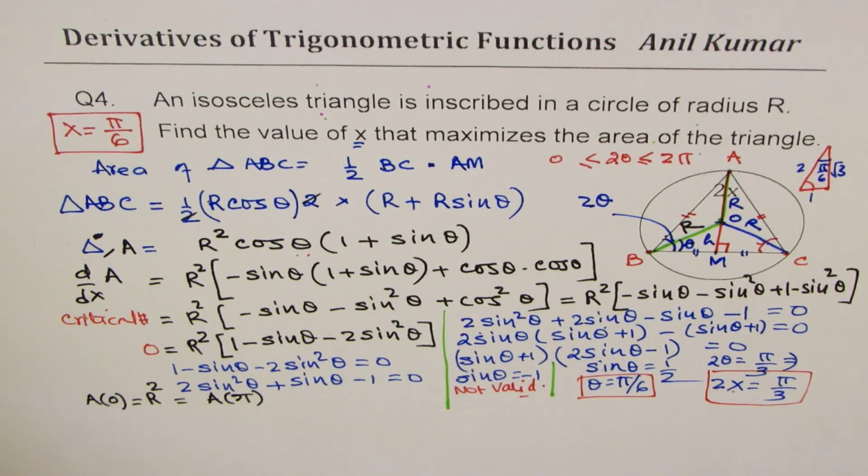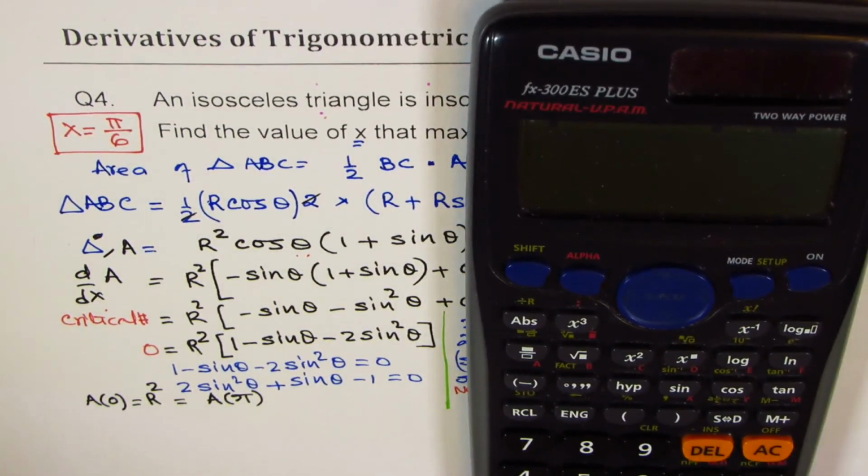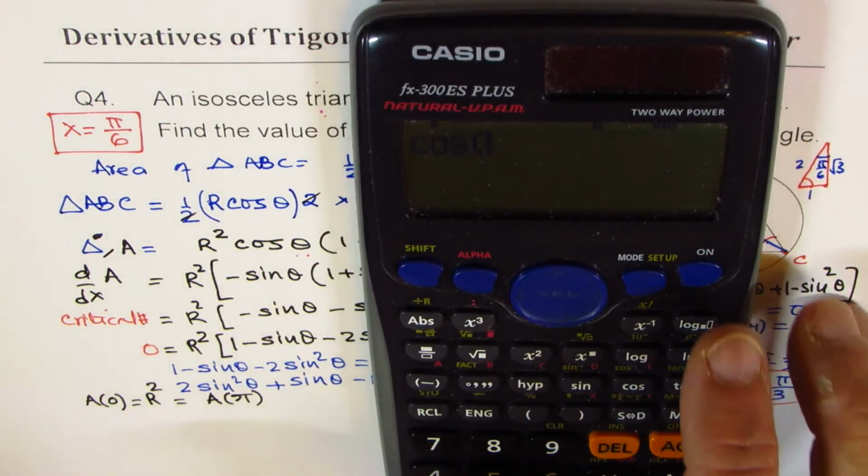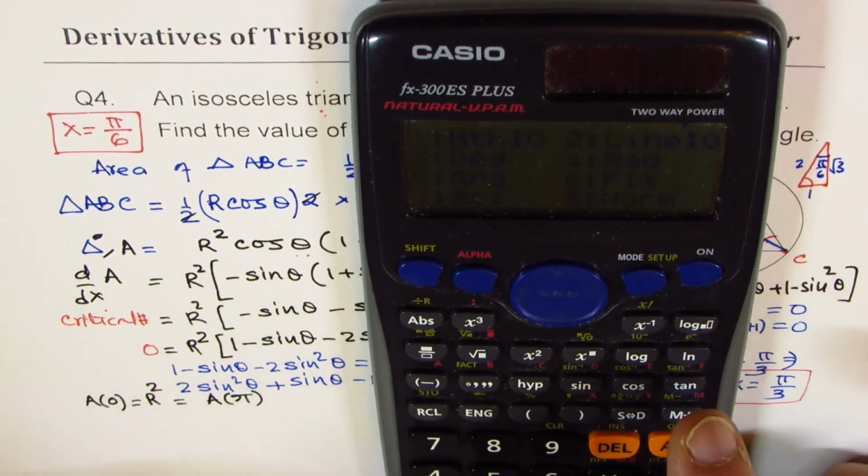Now, for pi by 6, what is the value? Let's calculate this out. So we have cos of pi by 6. Let me first check if I have the mode in radians.